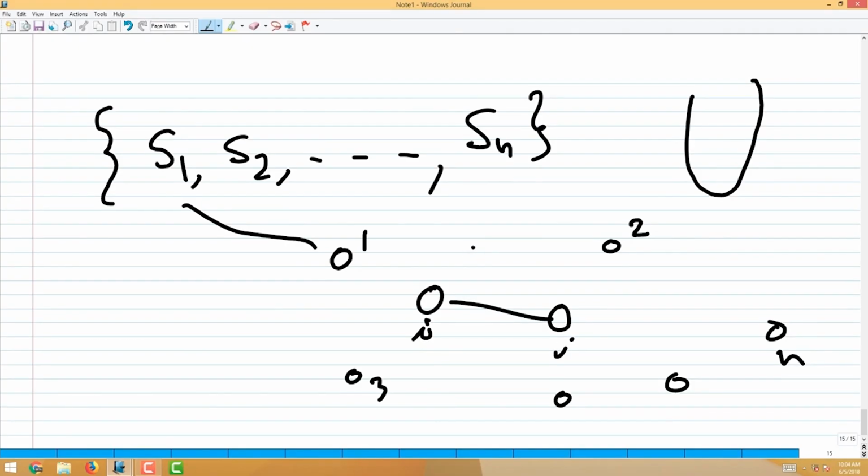When Si intersection Sj is non-empty. If there is something common in Si and Sj, then we put an edge between them. Otherwise, we don't put an edge between them. This is the intersection graph model. So, given any family of subsets of a universe, we can construct an intersection graph.